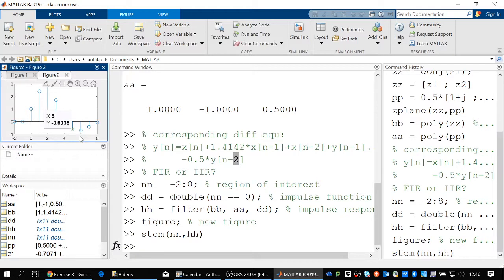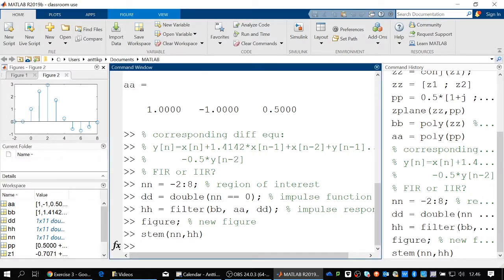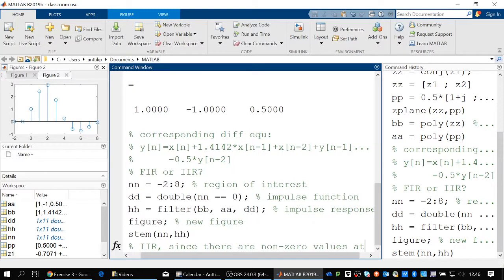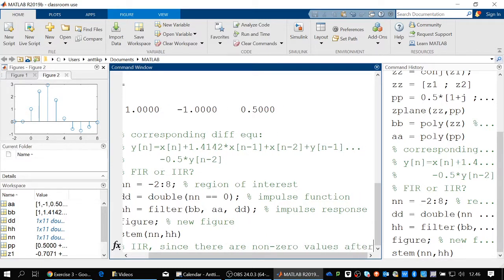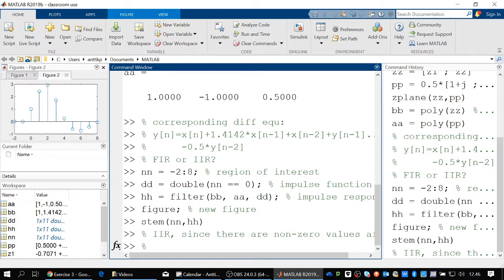So this system is an infinite impulse response system, IIR, since there are non-zero values after the highest order delay.